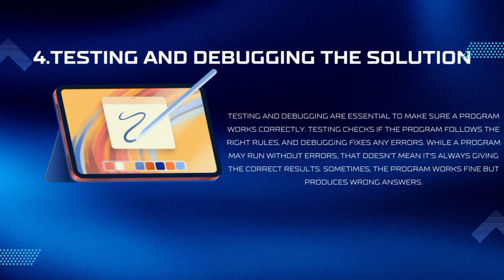Number four is testing and debugging the solution. Testing and debugging are essential to make a program work correctly. Testing checks if the program follows the right rules, and debugging fixes any errors.